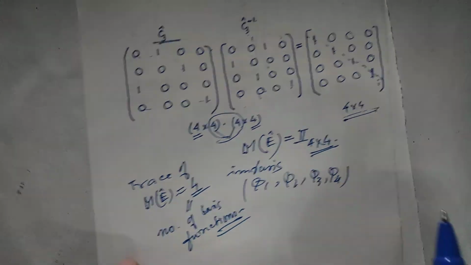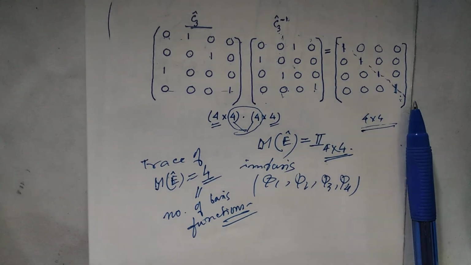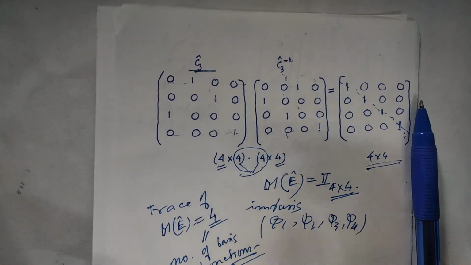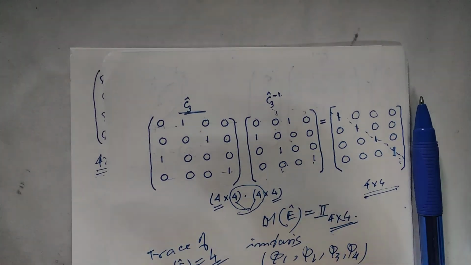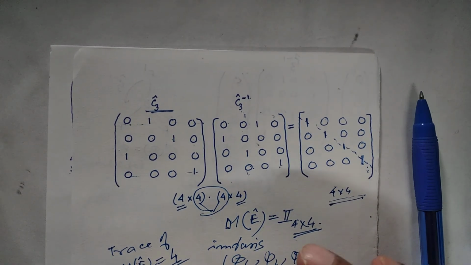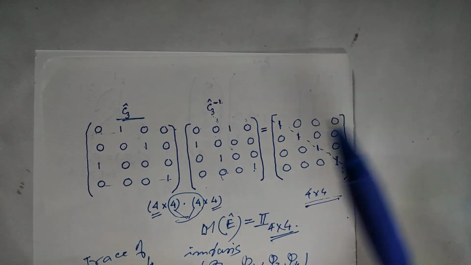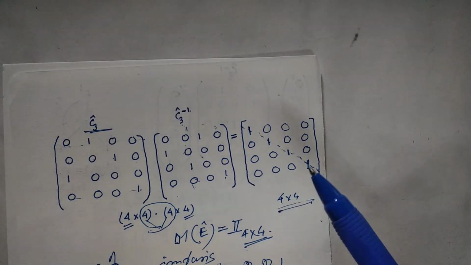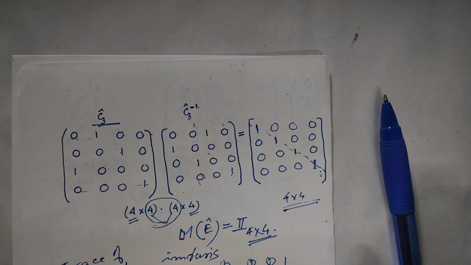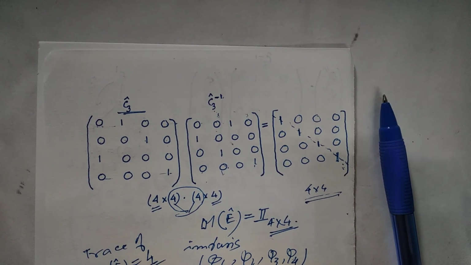This is what I wanted to explain today. We will get more and more examples of different symmetry operators in matrix forms, and in all cases we will find that the identity operator is denoted by the unit matrix of dimension n, where n is the number of basis functions or vectors used.